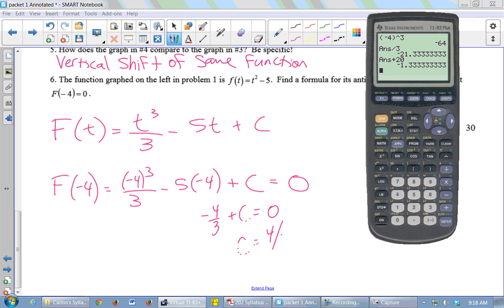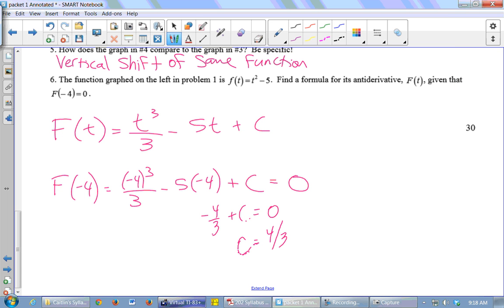So c is 4/3. Right? Okay. So that means that my function is f of t equals t cubed over 3 minus 5t plus 4/3.